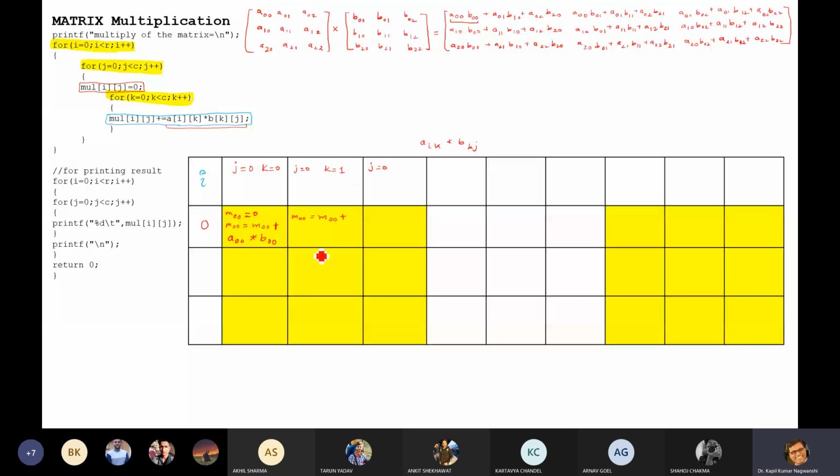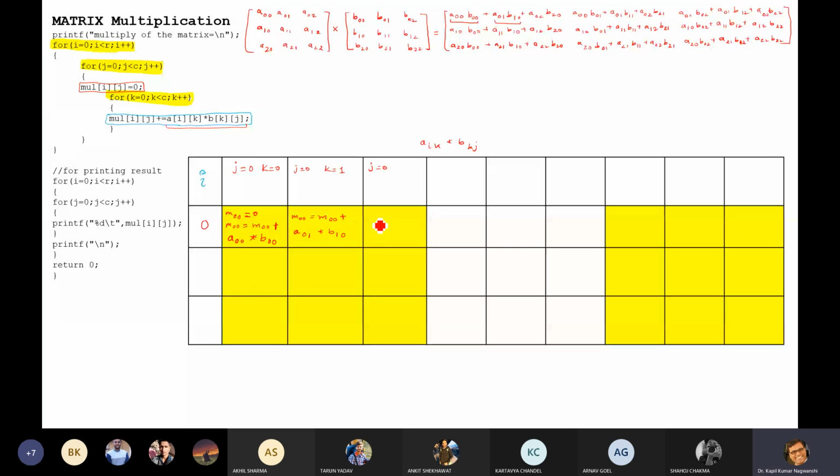So now what will be the answer? This is Aik, so i is 0 and k is 1. So this is A01 multiplied by Bkj, which is B10. So this is 01 and 10. Yes or no?